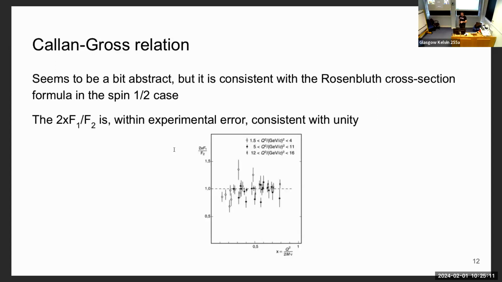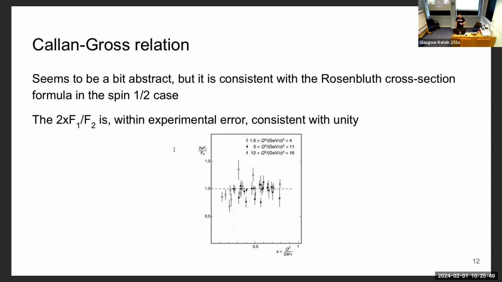The Callan-Gross relation seems a bit naive from my introduction, but it has actually been measured with good accuracy. If you take again the Rosenbluth cross-section formula in the spin half case, and then you do the calculation and the experiment that they did at SLAC, here is a plot about this. You have x F1 over F2 on the y-axis, and then you have x on the x-axis.